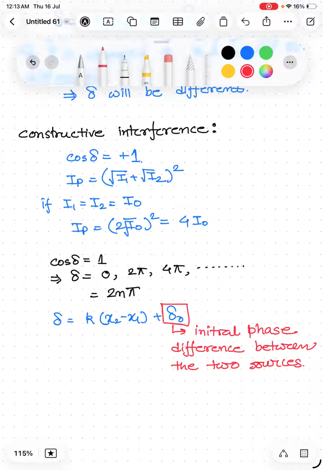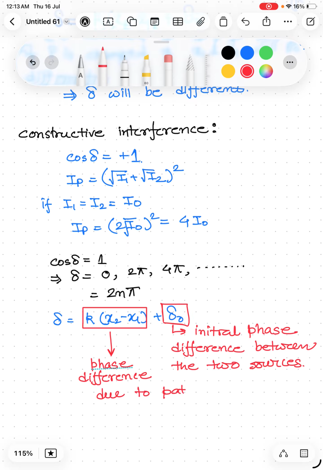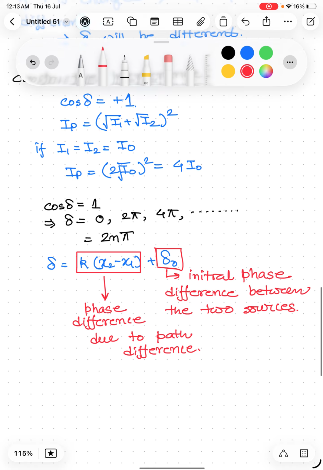And what was this? This is the phase difference that arises because of the difference in path length, the phase difference due to path difference. Suppose delta naught equals 0.